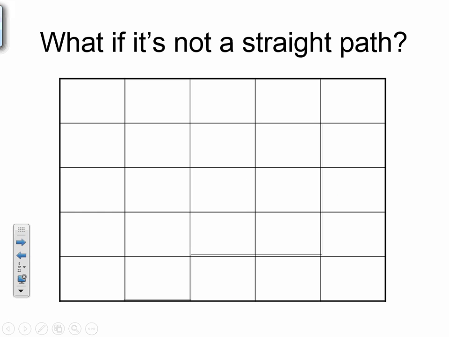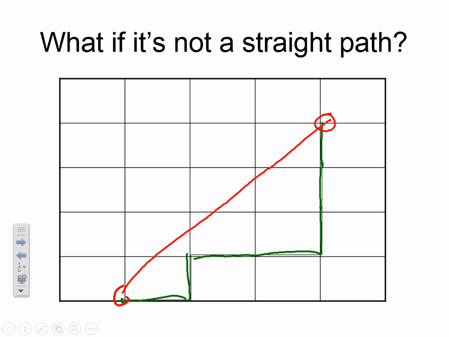Now, what if it's not a straight path? Let's say I'm starting here. I went 1 block, 2 blocks, 3, 4 blocks, 5, 6, 7. That was my distance traveled. My displacement would be figuring out this line in red, the distance from my starting point to my ending point, which we'll talk about how to solve in the upcoming chapters.